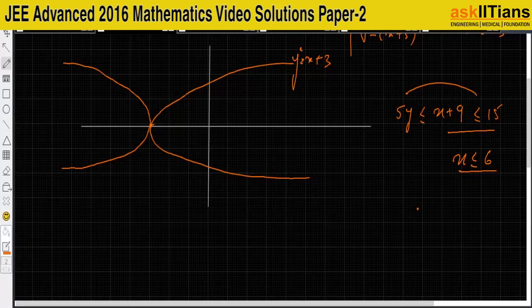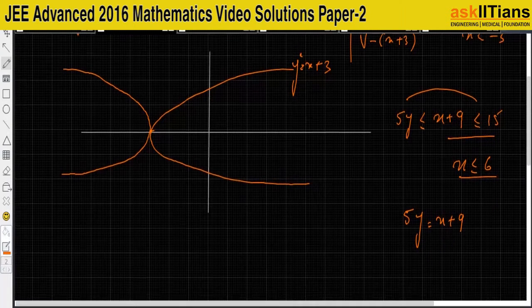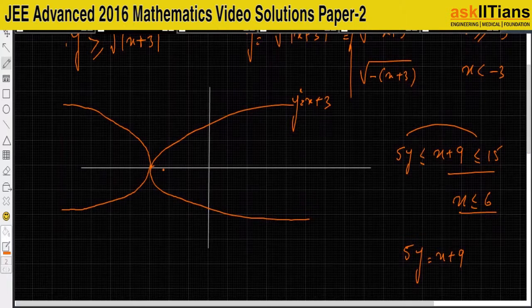So let me first plot this line 5y equal to x plus 9. Here x is equal to 0, so y will be root 3 on the curve. Where this line will intersect the curve, the line will be like this.